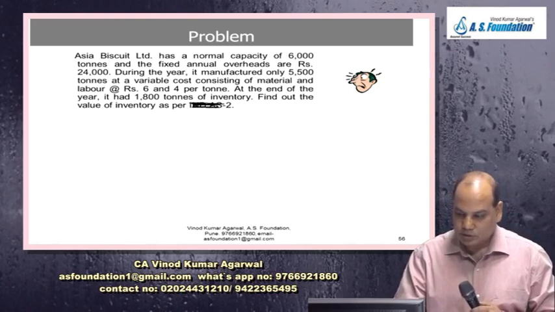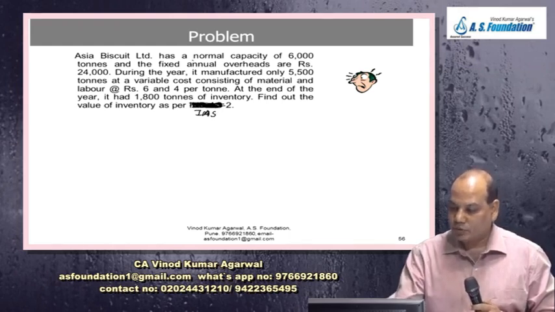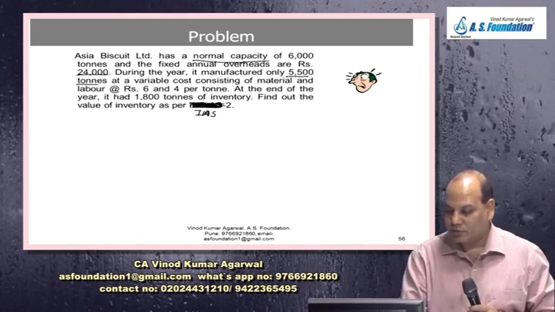Come to the next, Asia Biscuit Limited. It has a normal capacity of 6,000 tons and the fixed annual overheads are 24,000. During the year, it manufactured only 5,500 tons.